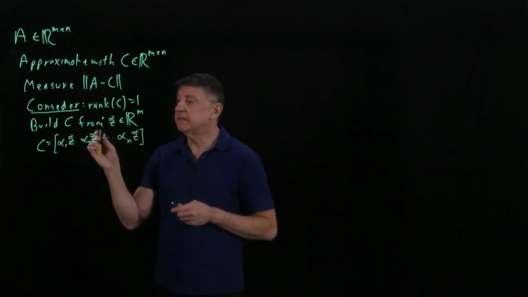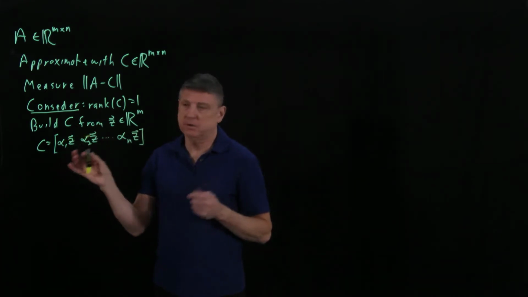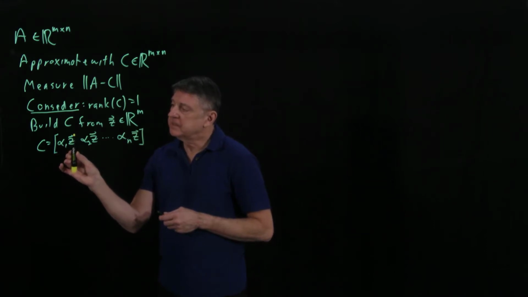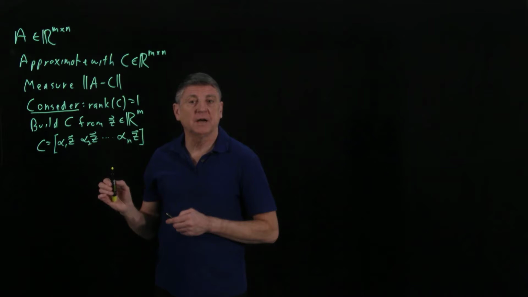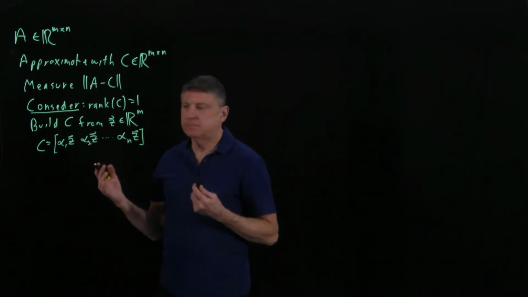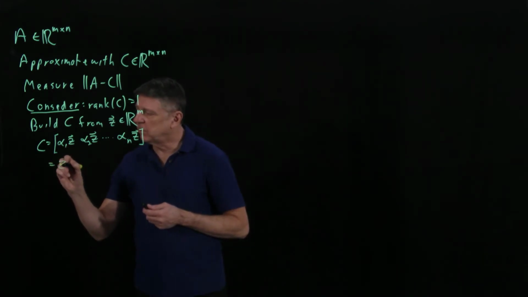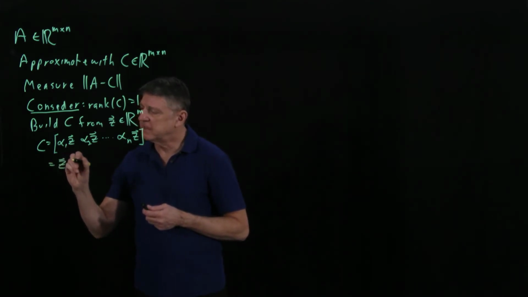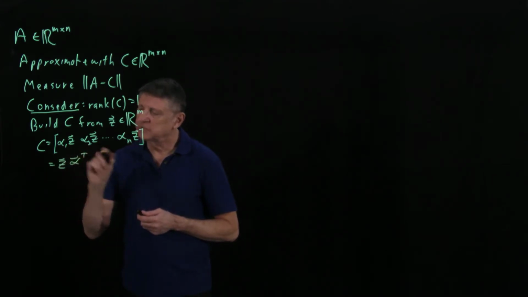So this has rank 1 if Z is non-zero, because each of these columns is a scalar multiple of some other column. So how could I write that? Well, I could write that as the column matrix times this alpha transposed.